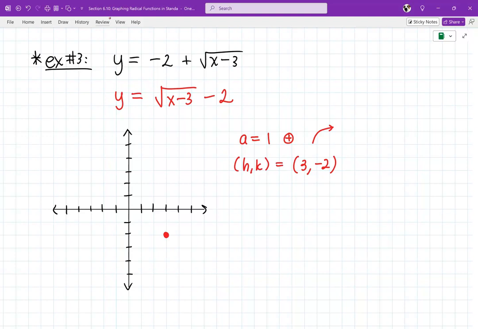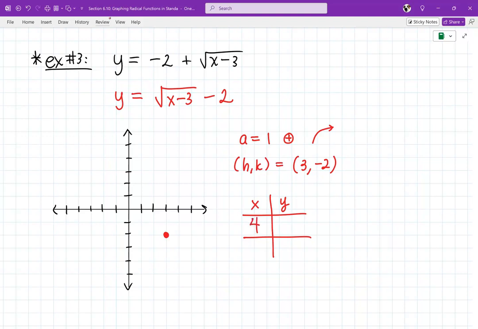So I'm going to have to pick some numbers that I'm going to put in for x so I can calculate. What number can I plug in for x so that when I subtract 3, it becomes an easy number, like a 1? 4.